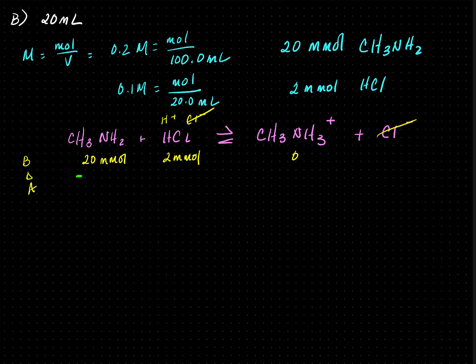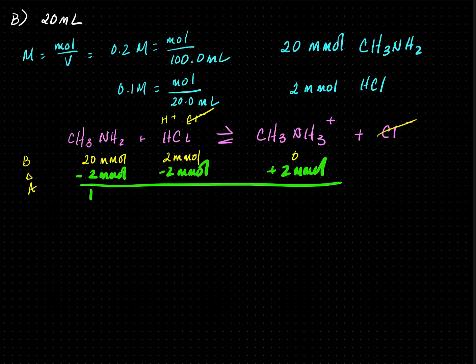This is going to be minus 2 millimoles, minus 2 millimoles, and plus 2 millimoles. So if I do my math, this is 18 millimoles, 0, and 2 millimoles. At this point, we know we have to do an ice table because the weak base and its conjugate pair exist.